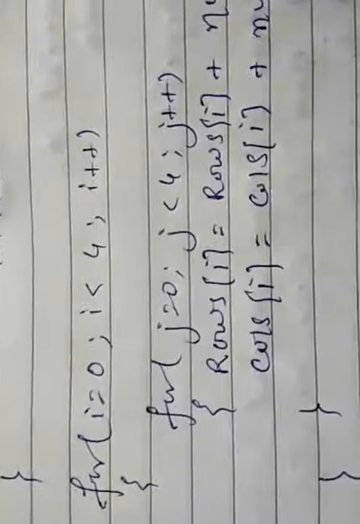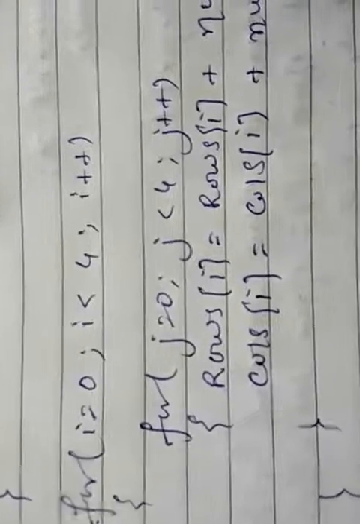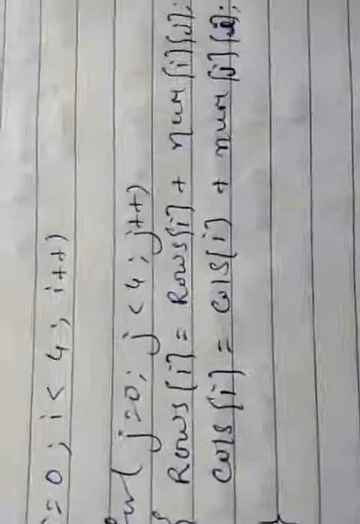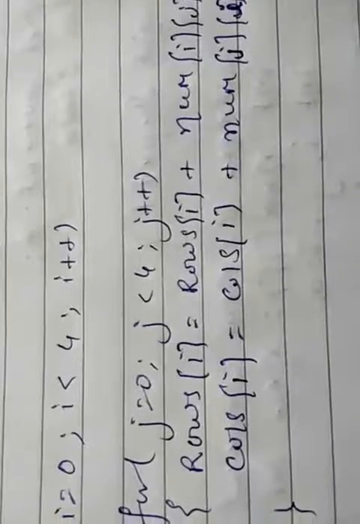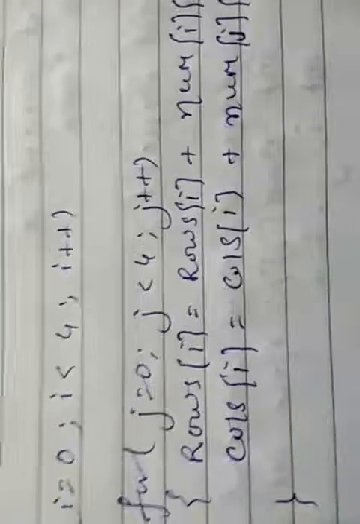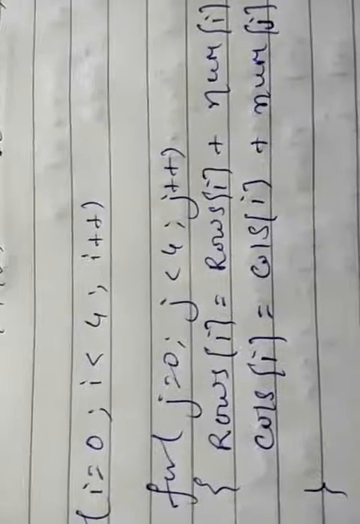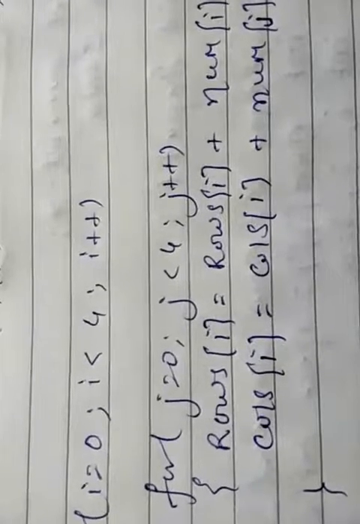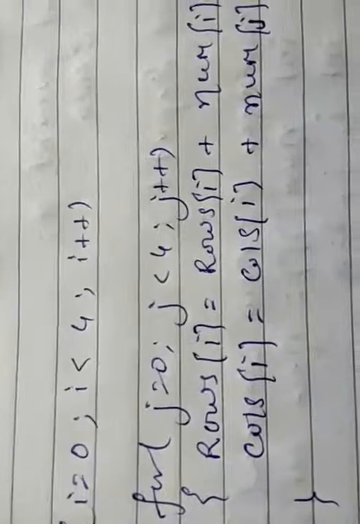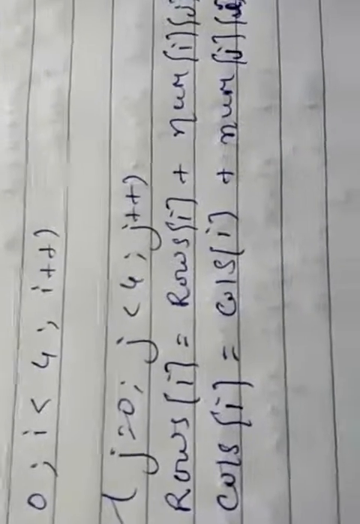Row sum of i equals row sum of i plus num of i of j. So when we write num[i][j], the values will be added row wise and stored in the single dimension array of rows. And in case of the column sum, we will write num[j][i].